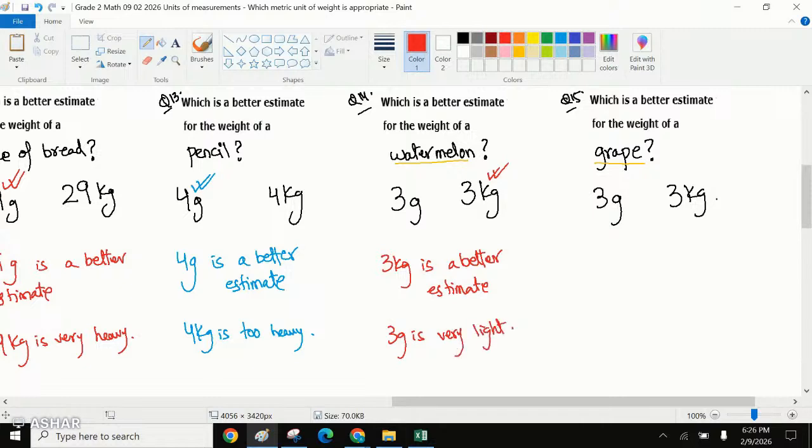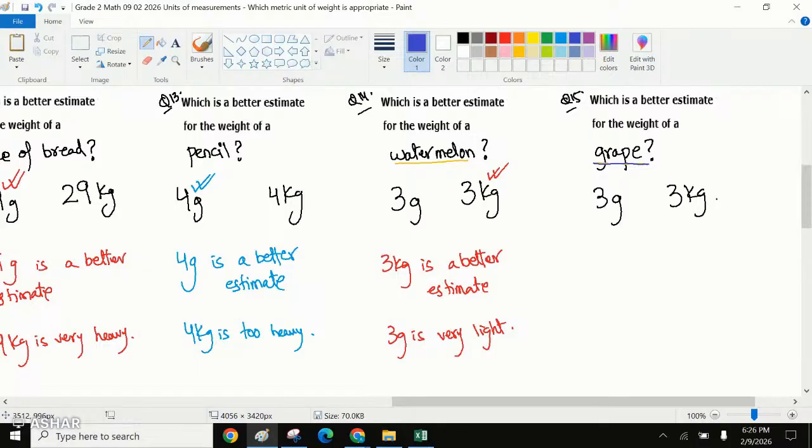But at the same time, if we are considering a grape, just one piece of grape, have you ever seen a 3 kilogram weighing grape?